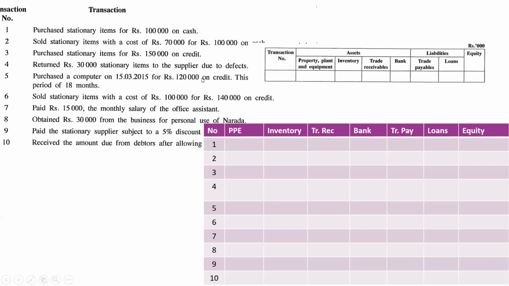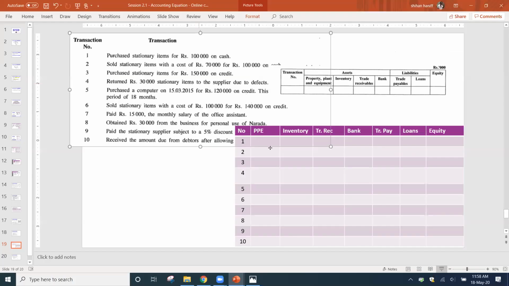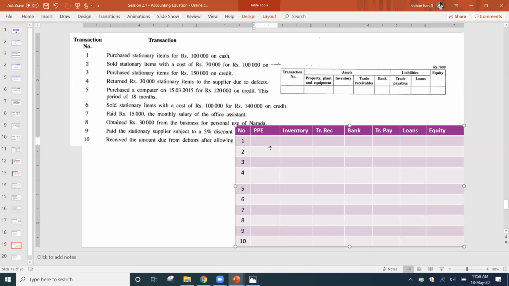Transaction number one. Purchase stationery items for 100,000 in cash.